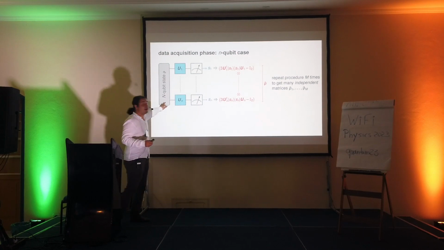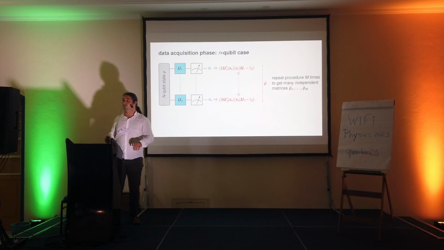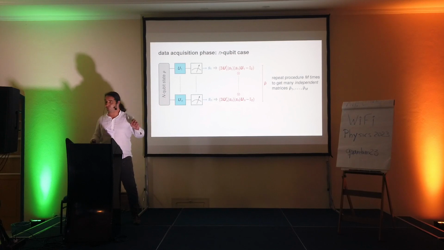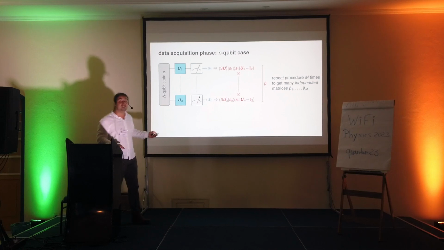Yes, but I outsource the question whether the original object is physical to begin with to the assumption that I prepared it on a quantum computer. But you want to estimate that, and then you get some data which you can measure, and maybe this data does not correspond to any physical rules. Well, this is why we need proofs, and we will do that next. But finite statistics, it could happen. Yeah, it will happen, and we will do proofs to address the finite statistics case, which is the trustworthiness of the protocol. We're getting there.